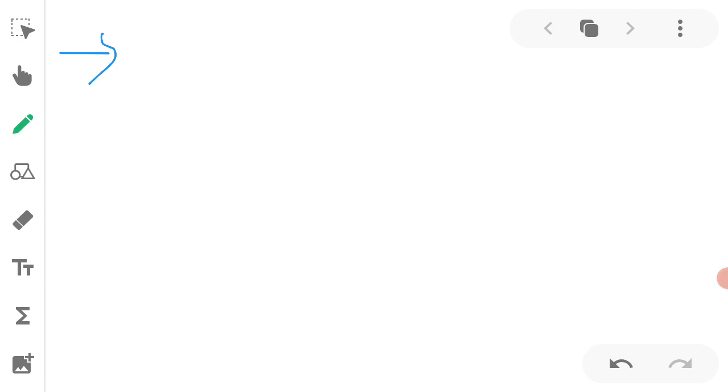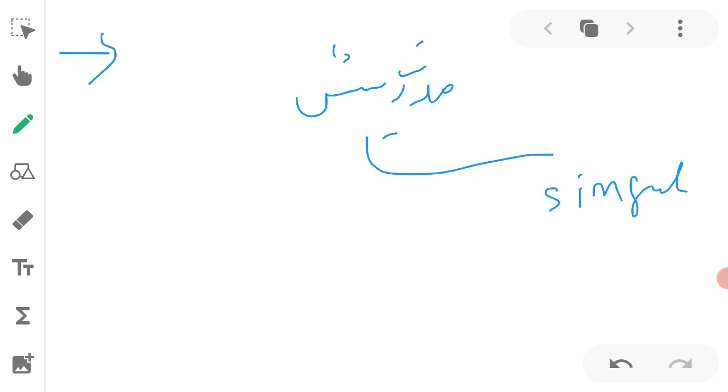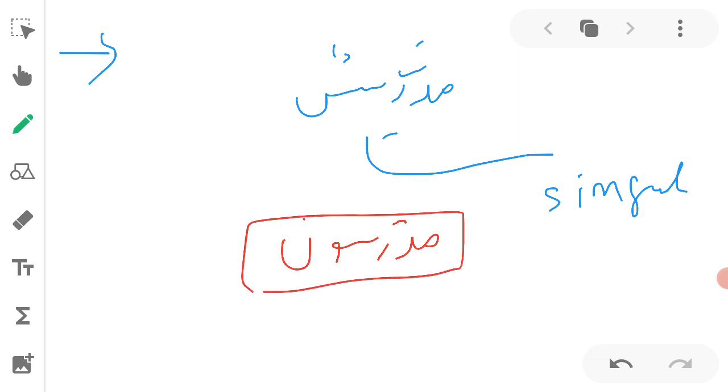Let's see another example. So, like mudarris. So this is wahid, and its plural is mudarrisun. Obviously, mudarrisun means teachers.